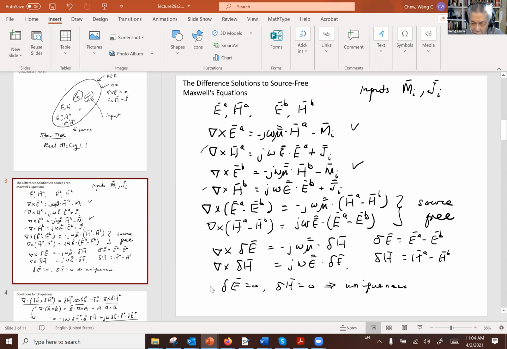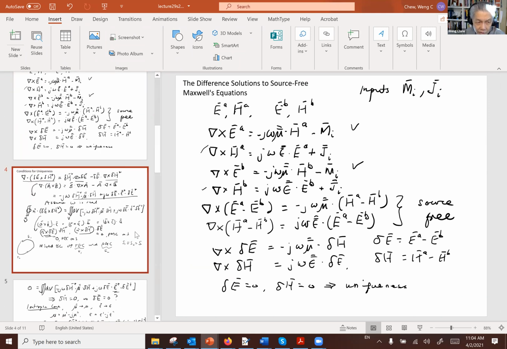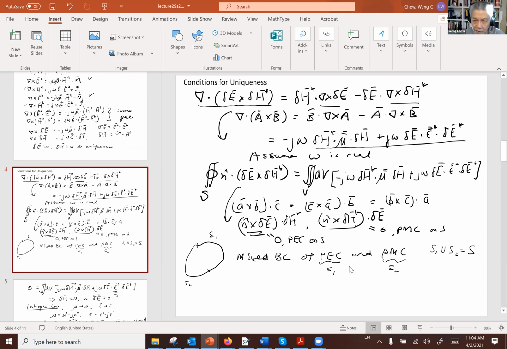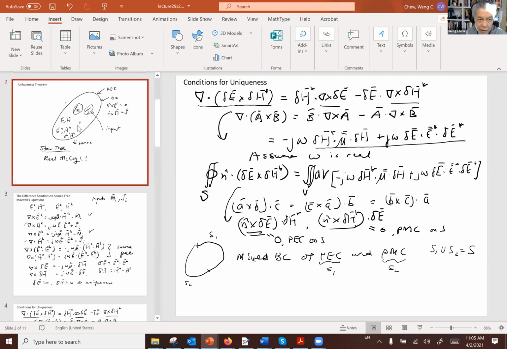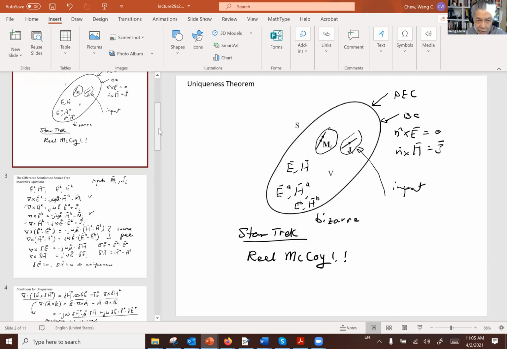If you go through the algebra, these solutions are not zero only if there's no driving source. And when can you have a solution without a driving source? That happens at resonance. If you hit the resonance solution of a cavity, then you can have solutions of the cavity without a driving source. We have seen this quite a number of times.